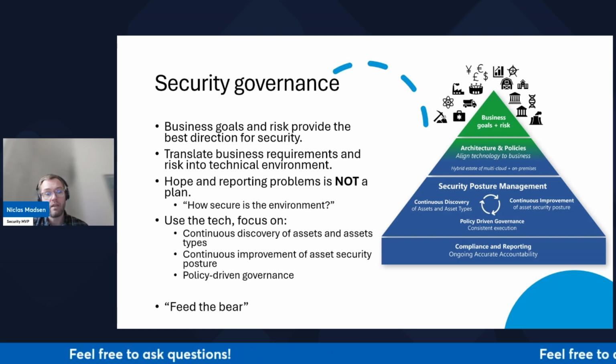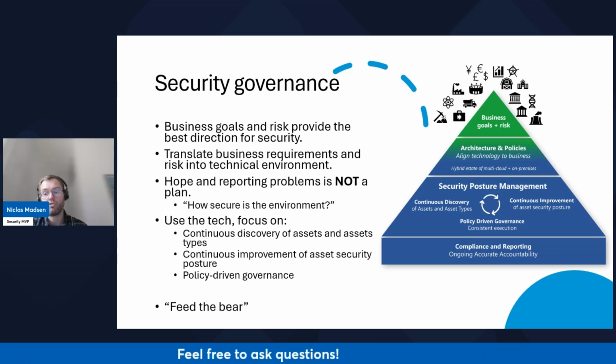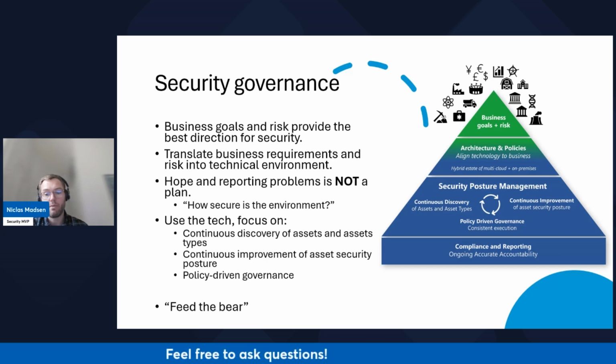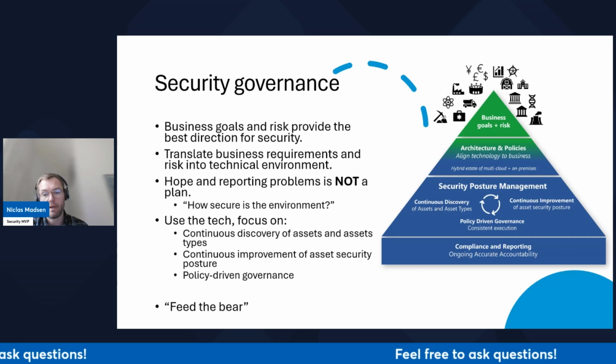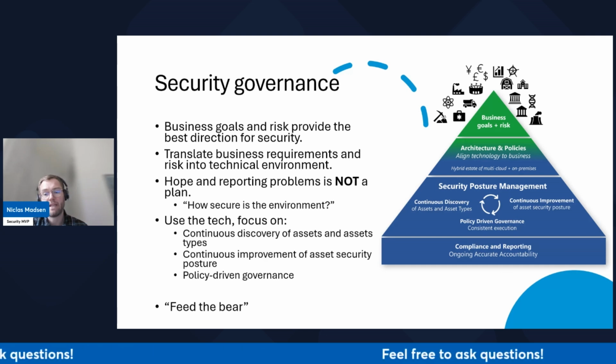If we look at the architecture side here, the second block in the pyramid, then it is very important to translate all these business requirements and risk into something technical in the environment. So we really recommend, from a best practice point of view from Microsoft and also in the cloud industry in general, to have a unified view across your entire enterprise estate instead of splitting it up, cloud versus on-prem.